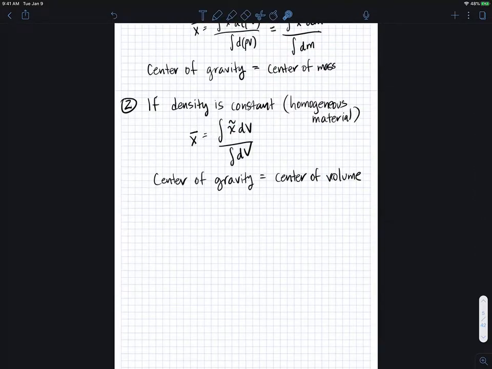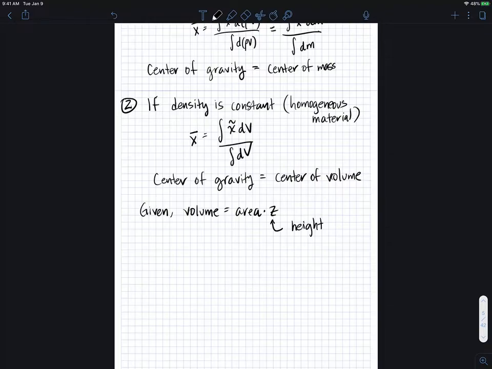And then, of course, we can say that volume is equal to area times some height. This would be the case for objects that are symmetric, for example, like a cylinder or something that's extruded, where it has a constant cross-sectional area and is just that long.